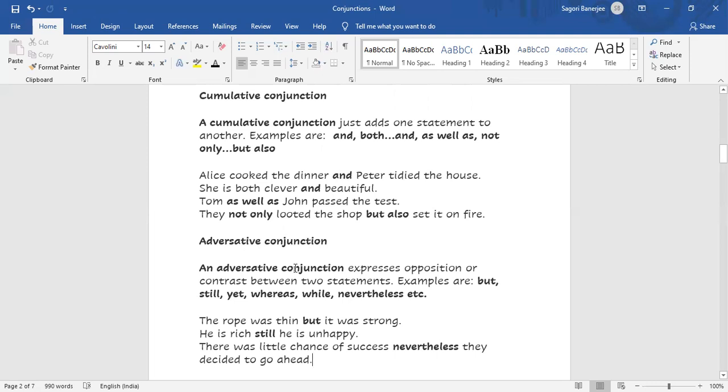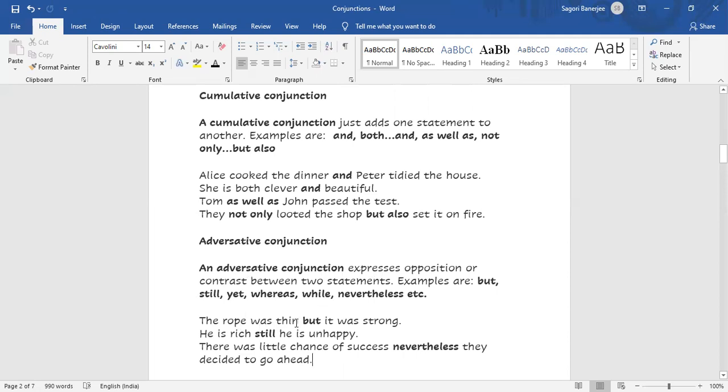Adversative. Adversative conjunction expresses opposition or contrast. See, this is not two general statements joined. That happens in cumulative. Here what happens? When two clauses are coming, these two clauses may be showing contrast or opposition. Let's see this example, you will understand.